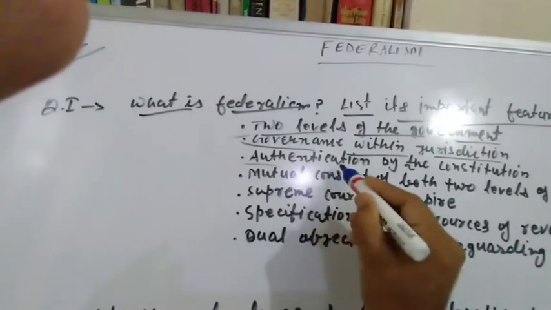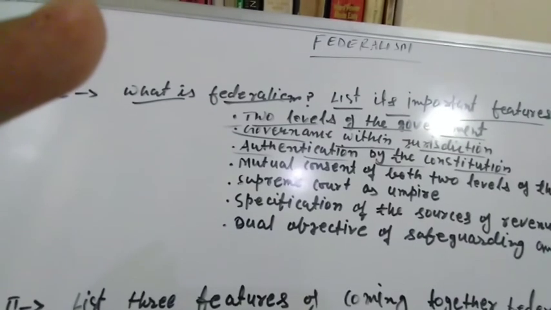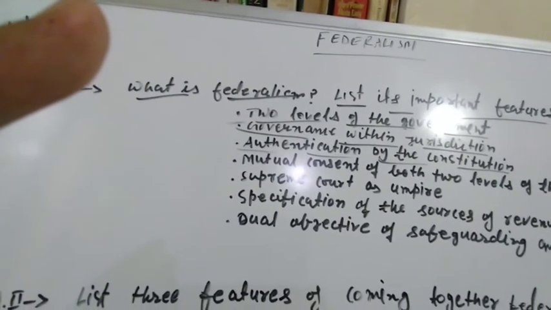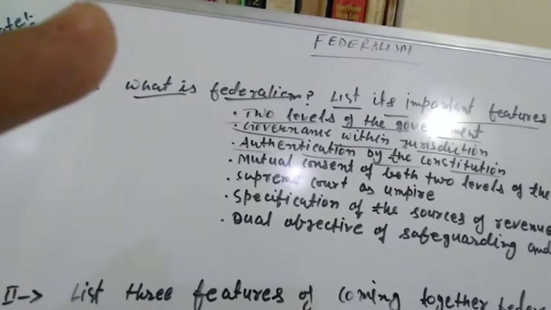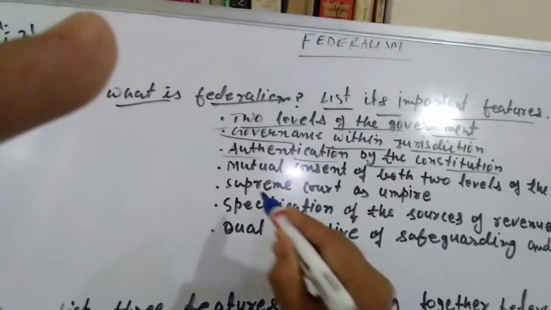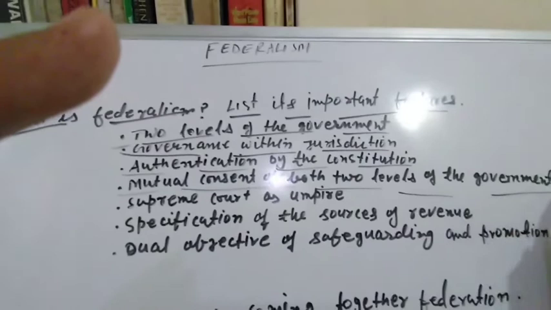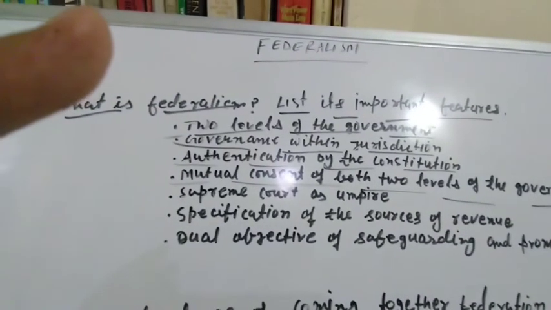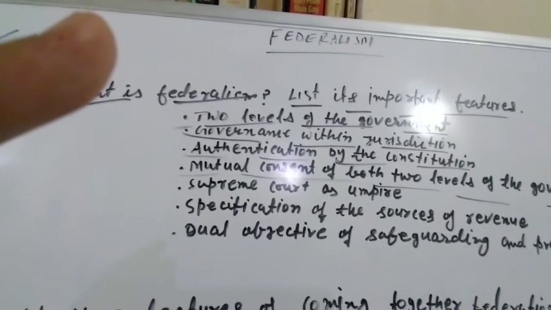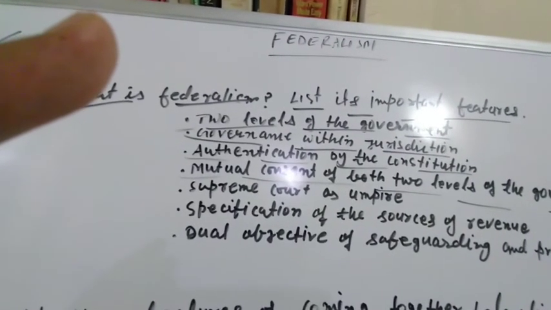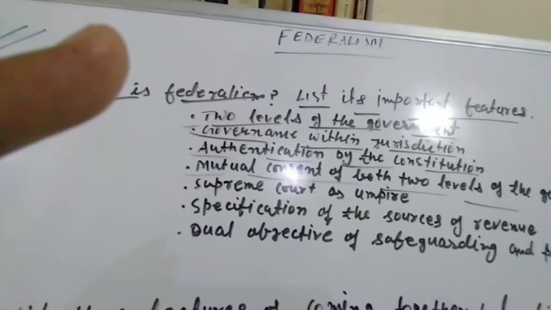Next point is authentication by the constitution. In a federal country, power given to central government or state government is written clearly in detail in the constitution of that country. Next point is mutual consent of both levels of the government. In a federal country, no government can introduce any changes within the constitution without involvement of both central government and state government.